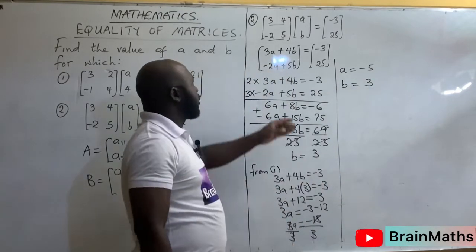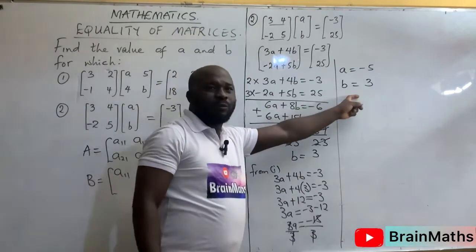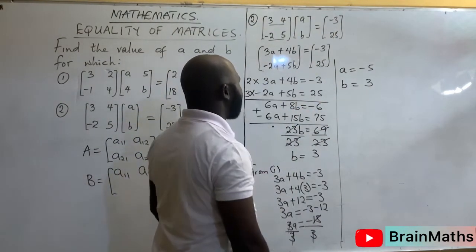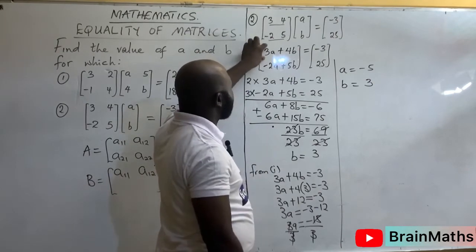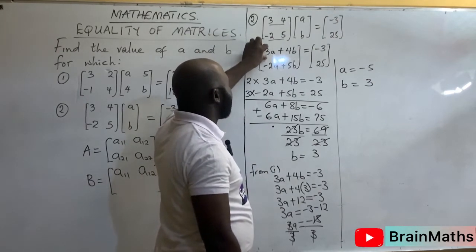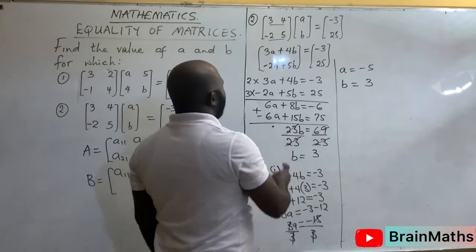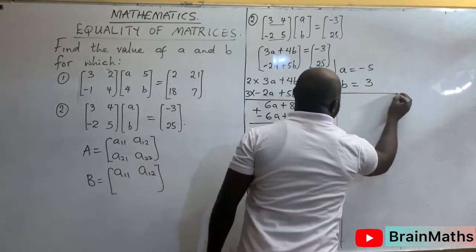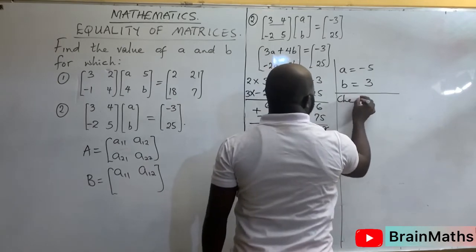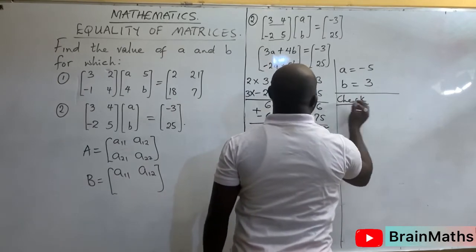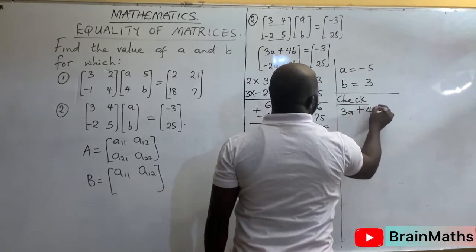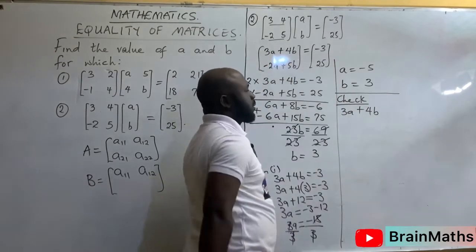Now let's check to confirm that the answer we have gotten is actually the same as what we have on the other side. Now let's try to substitute the value of A in the first one here. A is -5. Check 3A plus 4B. Is it actually equals to -3?